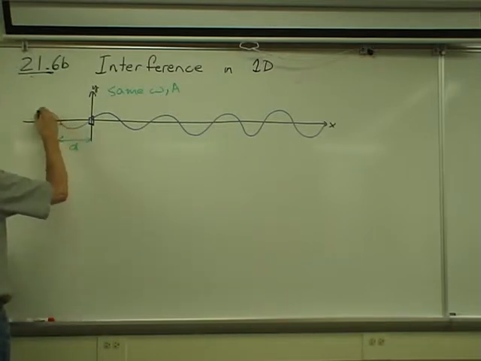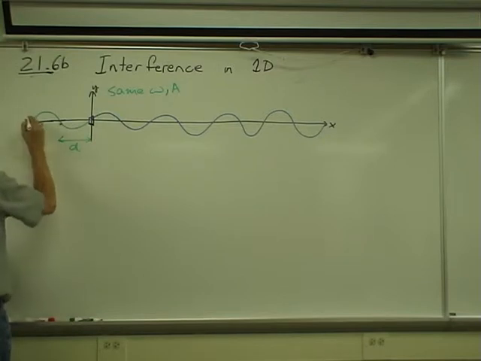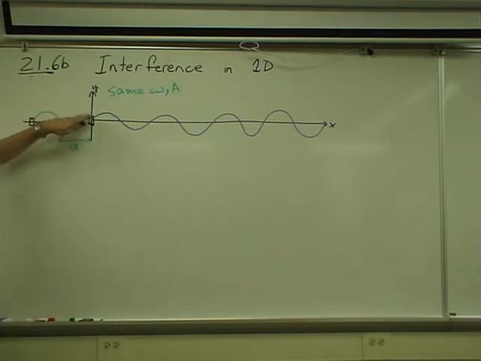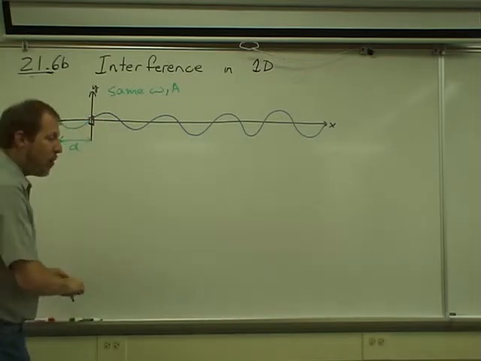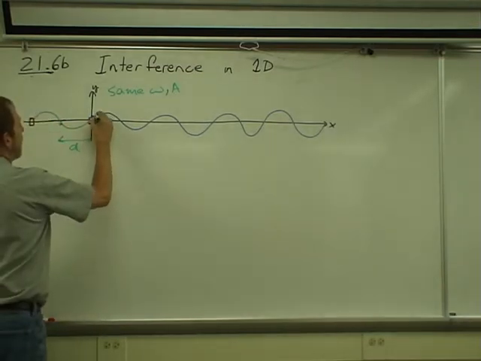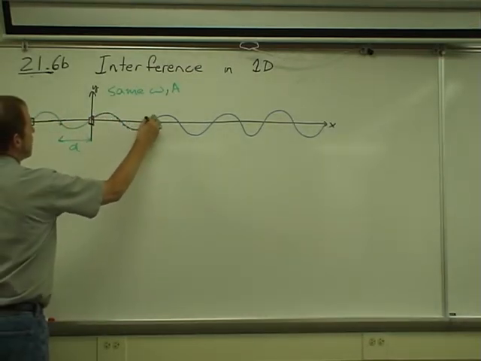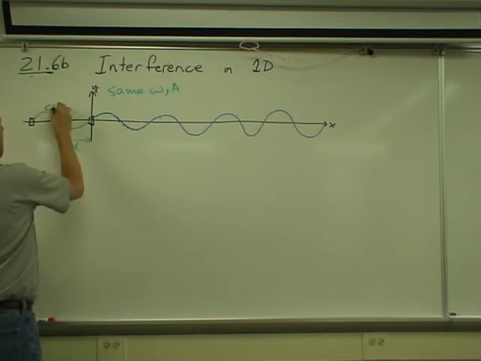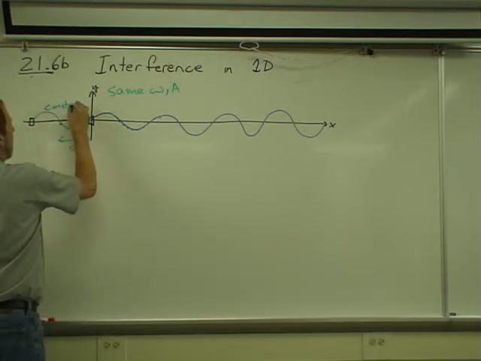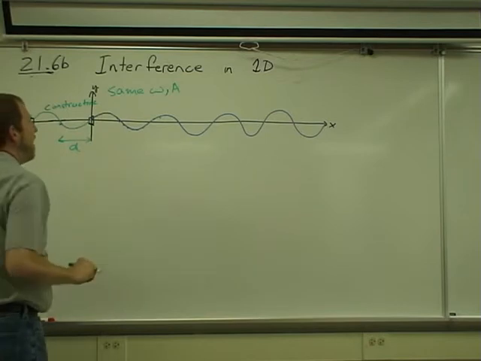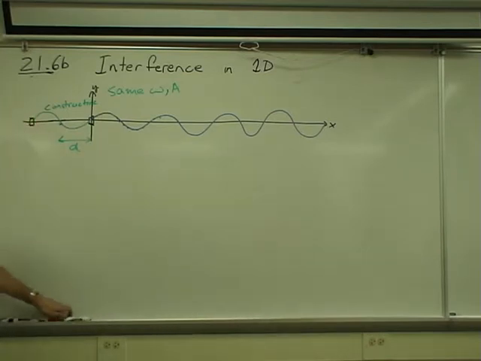So if I were just to say they're separated by some integral number of wavelengths, then by the time this wave passes the first speaker, the green wave and the blue wave, as I've drawn it here, will be in phase with each other. And therefore there'll be constructive interference.